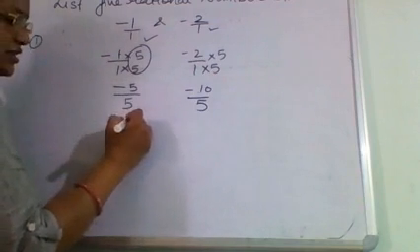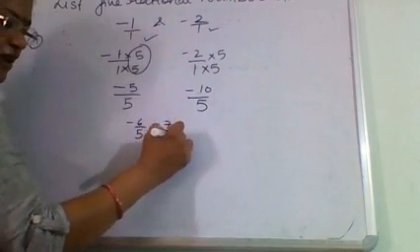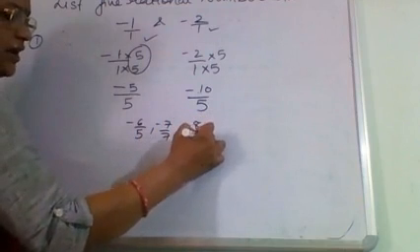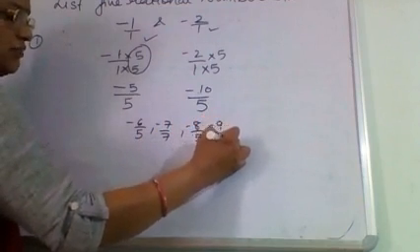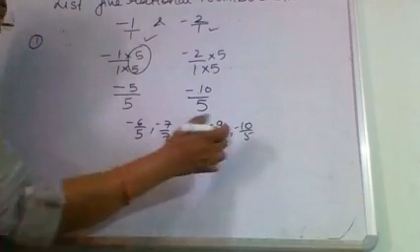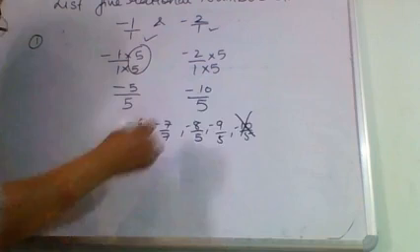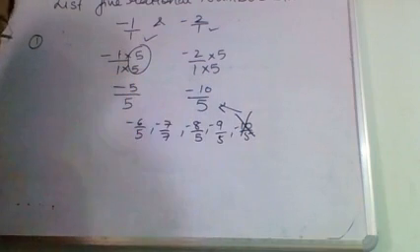It is -6 by 5, -7 by 5, -8 by 5, -9 by 5. Not -10 by 5, because -10 by 5 is the same number, right?